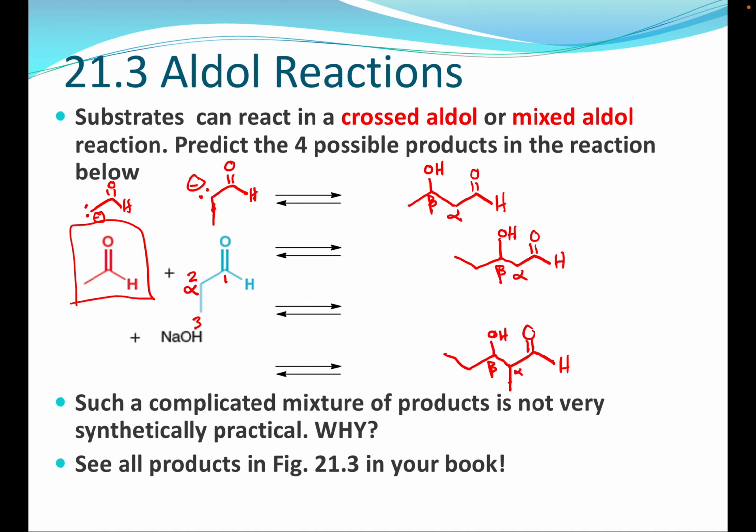So if that's the case, once again, we still keep the structure of the original enolate, so the larger enolate, and then we see the beta position be what used to be the carbonyl in the smaller aldehyde. There's our new hydroxide, and that is only a 2-carbon structure. So now our alpha position has a branch point, and our beta position still has the hydroxide.